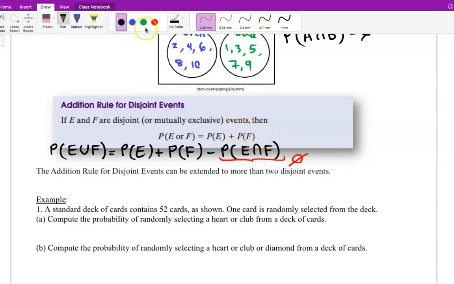If I wanted to write this in words, using and or instead of union and intersection: when you have union, we have or, and when you have intersection, this is and.